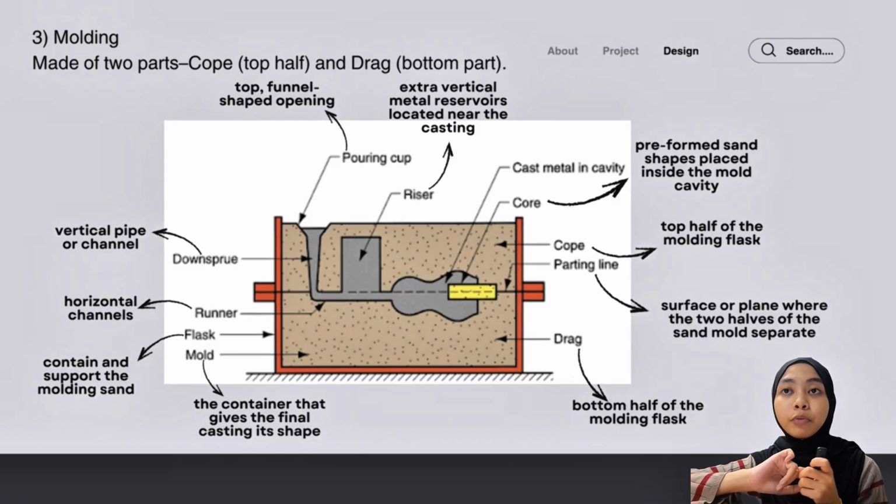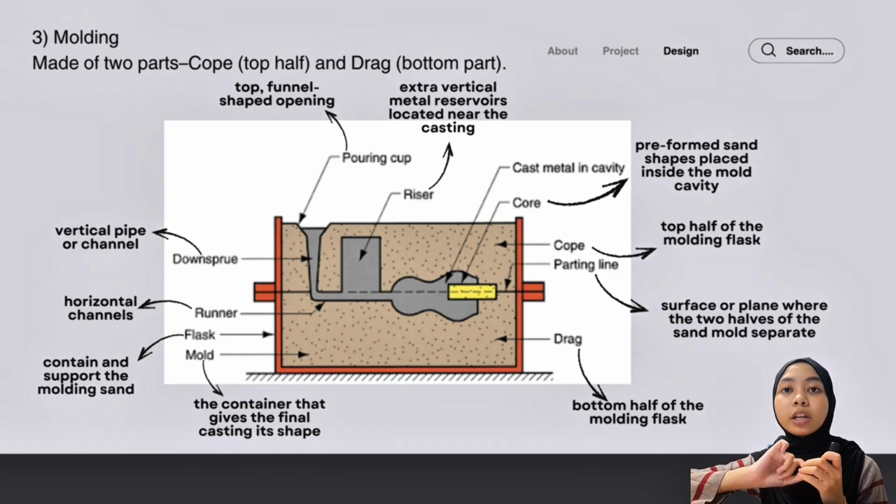The pouring cup is the top opening, and the riser is an extra vertical metal reservoir located near the casting. The core is the preformed sand shape placed inside the mold cavity. The cope is the top half of the molding flask. The parting line is the surface or plane where the two halves of the sand mold separate.